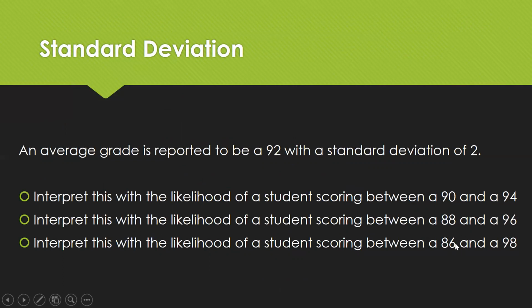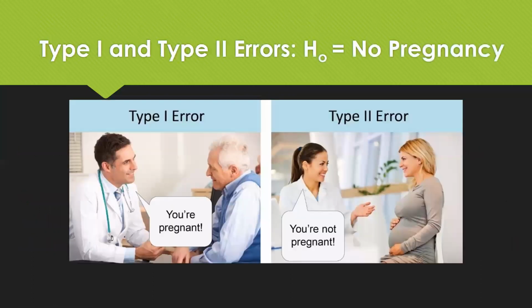And then when we go to 3, we know there's a 99% likelihood that a student is scoring between an 86 and a 98. And so when we look at standard deviation, it can tell us the likelihood of any individual in the sample falling within that range.